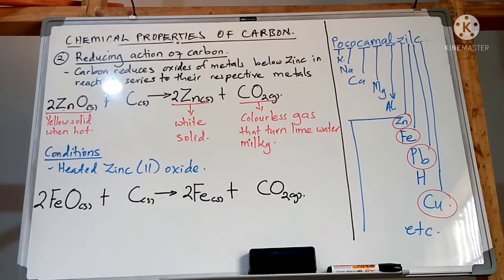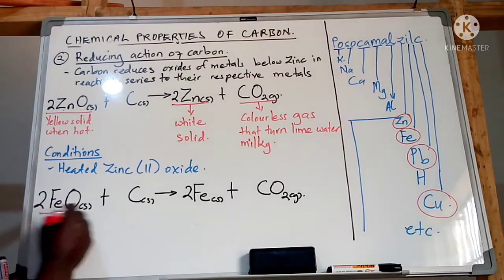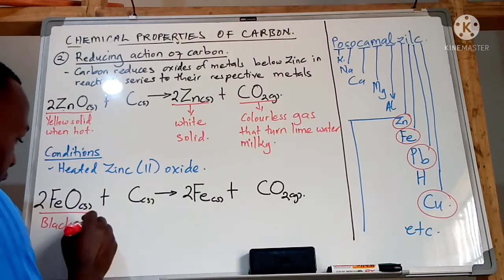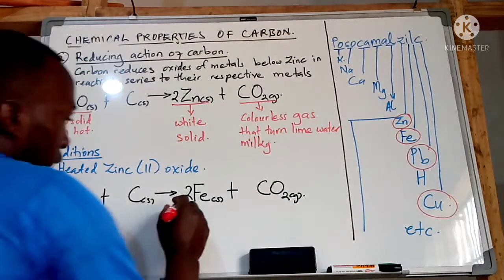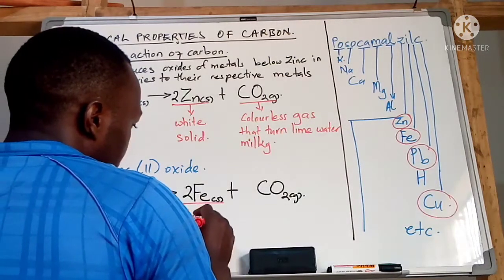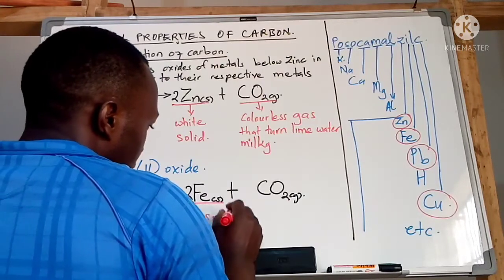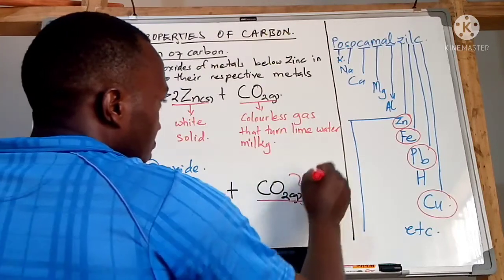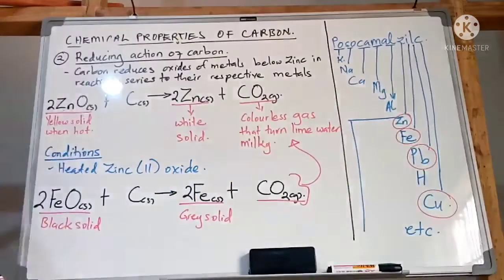If we request you for an observation, this oxide is black. So we are going to be seeing a black solid turned to iron, which is a gray solid. And then the observation of carbon dioxide will not change. It will remain as a colorless gas that turned lime water milky.